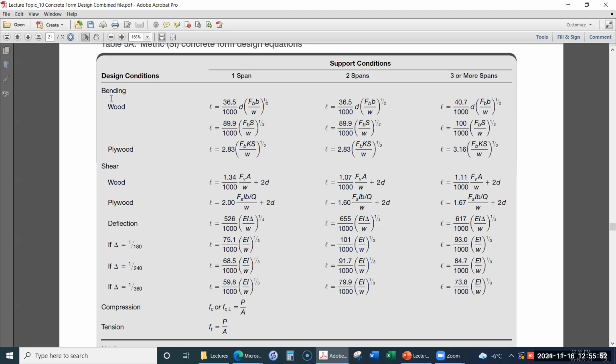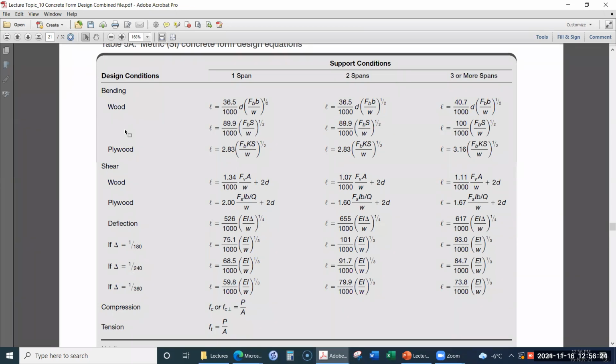The design conditions are bending, whether it is wood or plywood; second, shear, whether it is wood or plywood; and third, deflection, where we choose whether we are using L by 360, L by 240, or L by 180. The other 2 design conditions are for compression and tension.